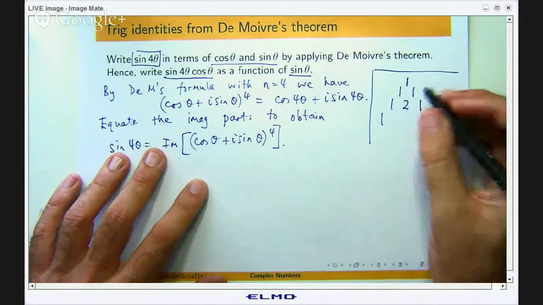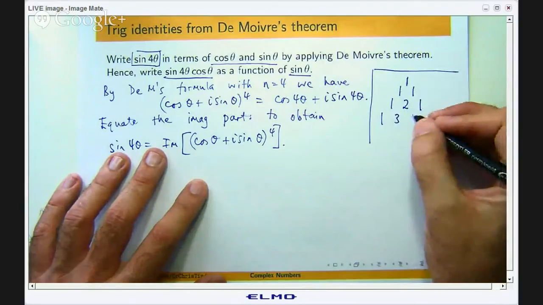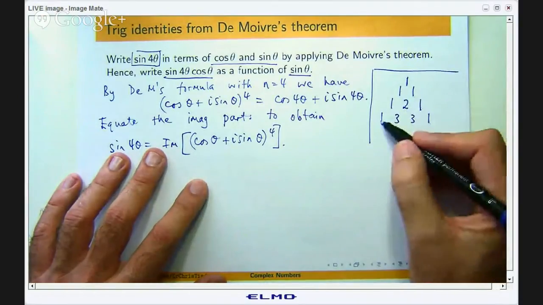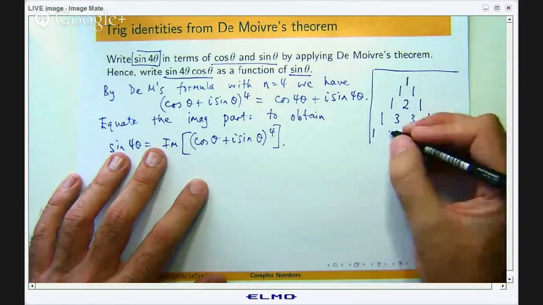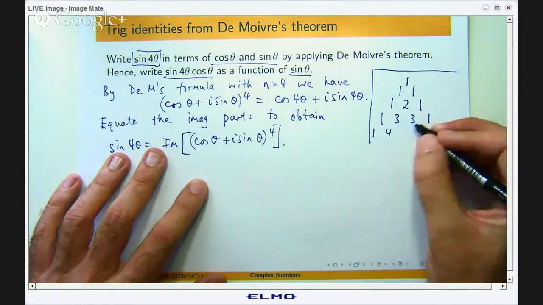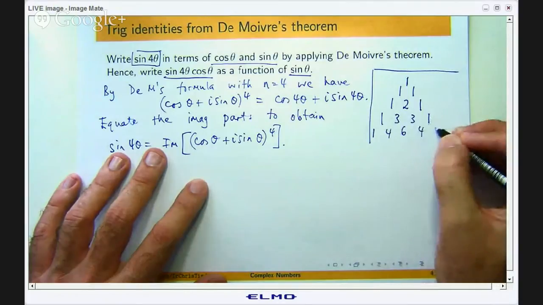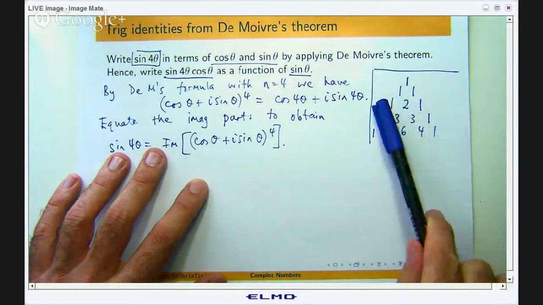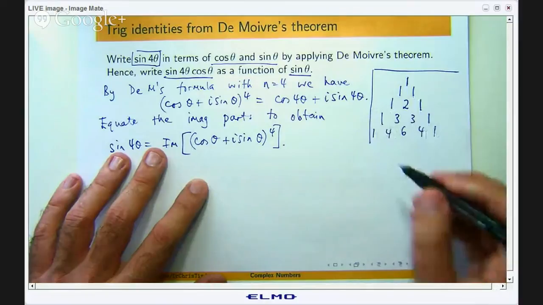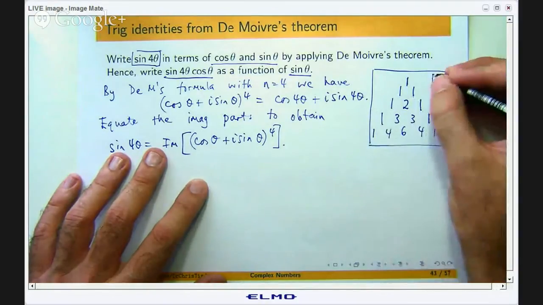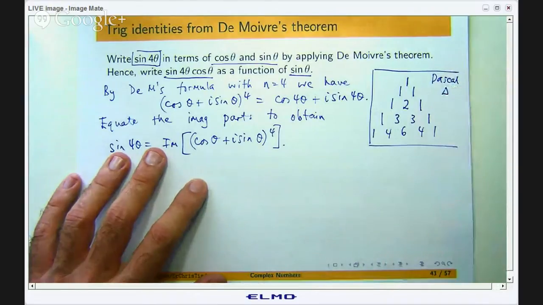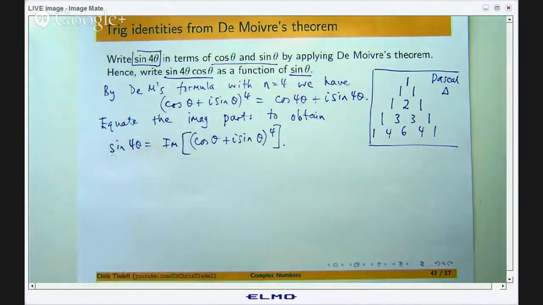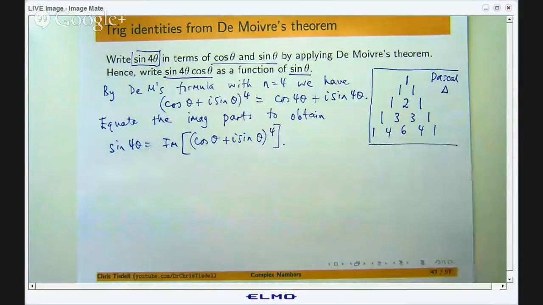You would add these two expressions to get 3, these two to get 3, etc. Okay, and the ones are always down the outside column. Okay, so 1 and 3 is 4, 3 and 3 is 6, 3 and 1 is 4, and this is the power 2, power 3, power 4, so I can stop there. It's a Pascal's triangle. Okay, so the numbers here give you the coefficients of the expansion.